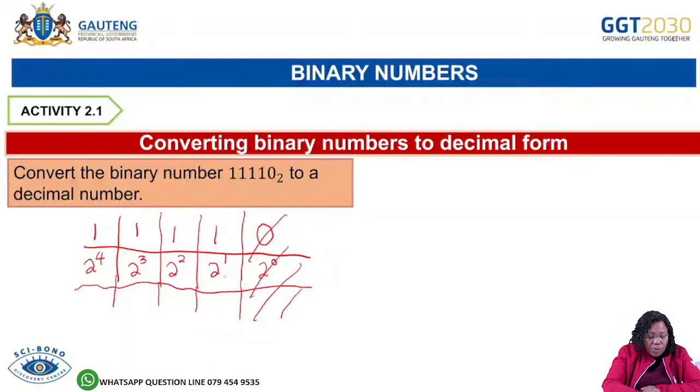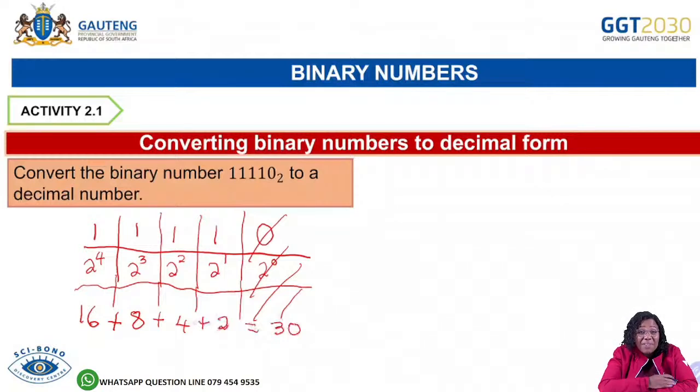So our solution will start from 2 to the power 1, 2 to the power 2, 2 to the power 3, 2 to the power 4. We know that 2 to the power 4 is how much, grade 12? That is 16, plus 2 to the power 3 is 8, plus 2 to the power 2 is 4, plus 2 to the power 1 is 2. Then we add all of this, and that gives us a decimal number of 30.